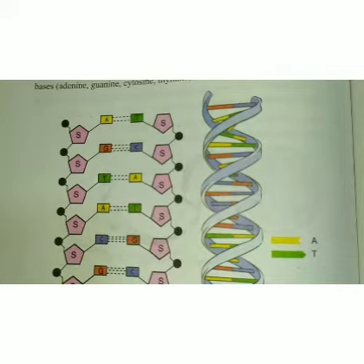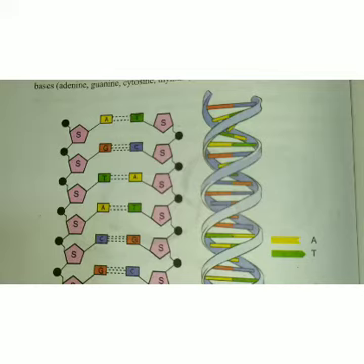A complete twist in a helix is 34 angstrom, and in a complete twist there are 10 nucleotides. So the distance between 2 adjacent nucleotides is 3.4 angstrom.